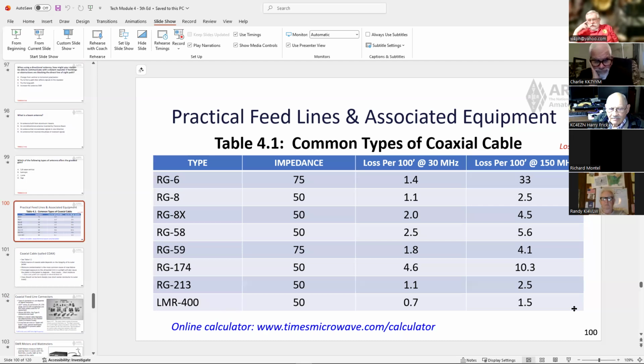RG6 is a really inexpensive coax. The problem with it is it can't handle any power to speak of. However, if you have a receive-only antenna, it is a good feed line for it.